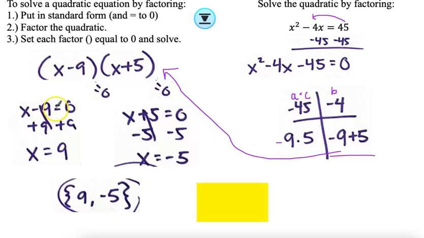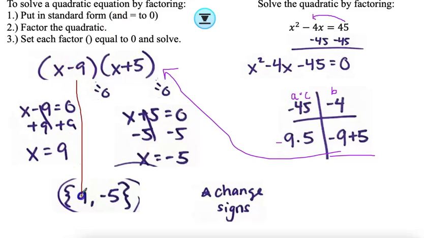Now, if you did not want to do this work every single time, a shortcut is you can switch your signs. So when you are setting something equal to 0, you're essentially just doing the opposite, which switches the signs. So if your parenthesis says x minus 9, I know the x-intercept would be a positive 9.